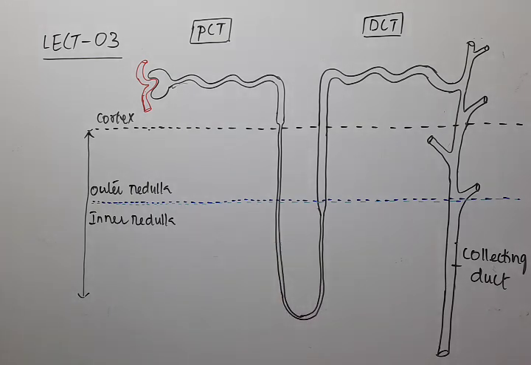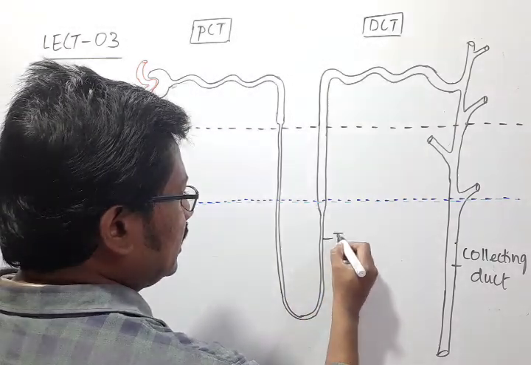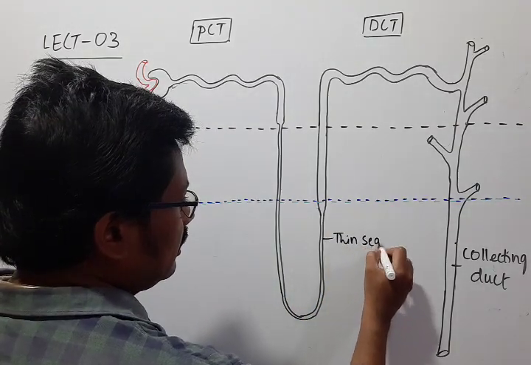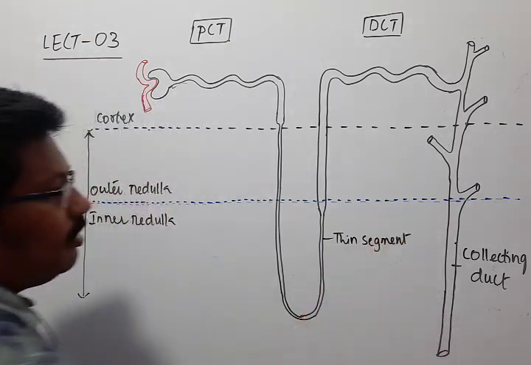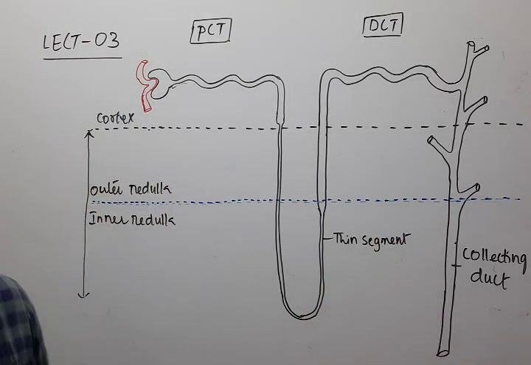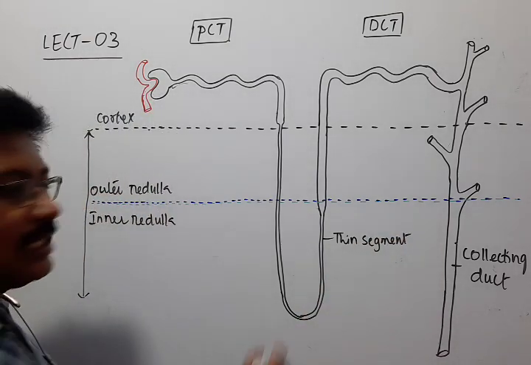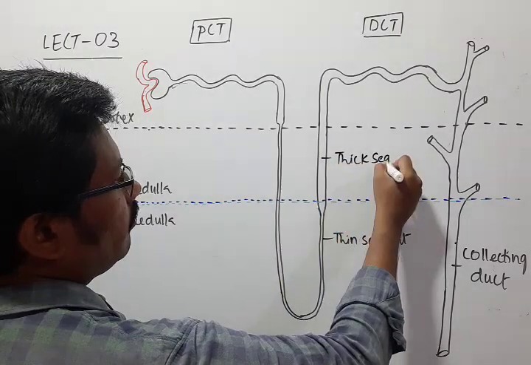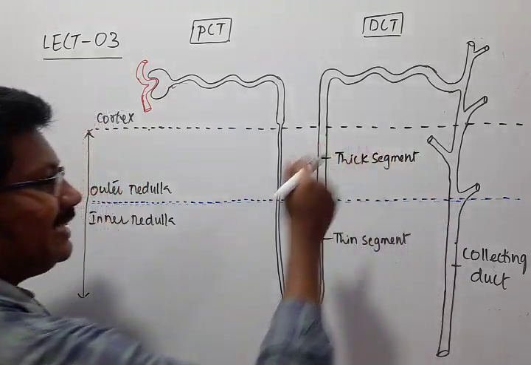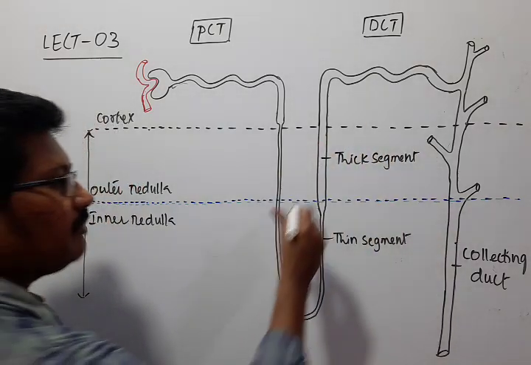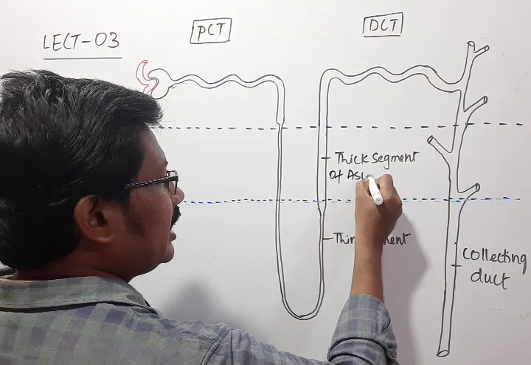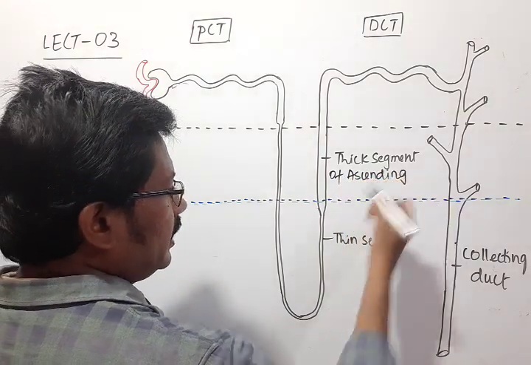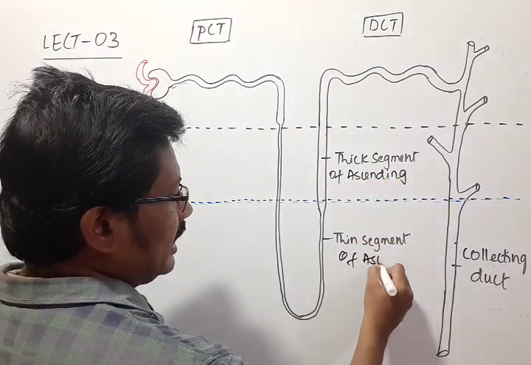Here they have mentioned the thin segment of the loop of Henle, and above that the thick segment of the ascending limb, and the thin segment of the ascending limb.